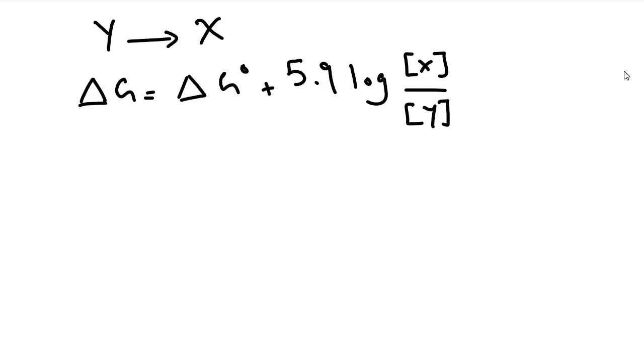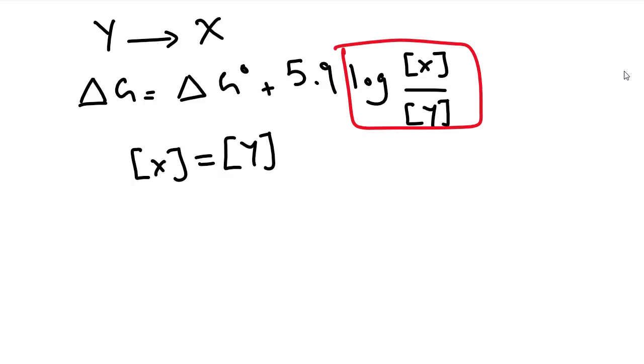Now we know that if we have the same concentration of X and Y, so if concentration of X equals concentration of Y, then this part right here will equal 0. So delta G will equal delta G standard.